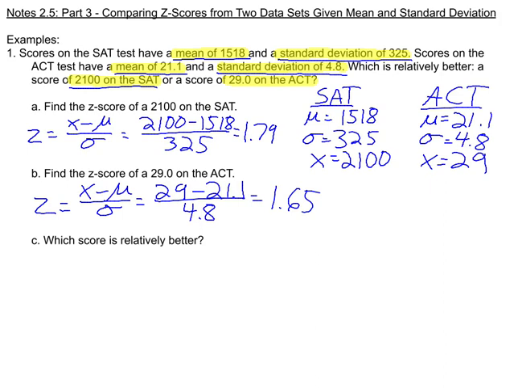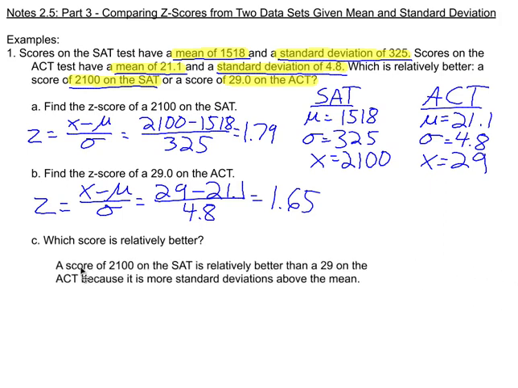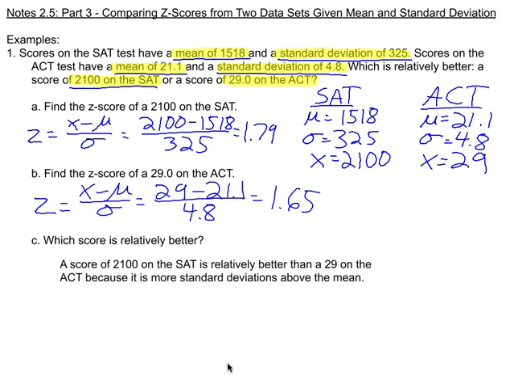Right? Now, looking at this, we see that the z-score for the SAT is greater. So that means the score of 2100 on the SAT is further above the mean than a score of 29 on the ACT, which is only 1.65 standard deviations above the mean. So here is how I would write my answer of which score is relatively better.